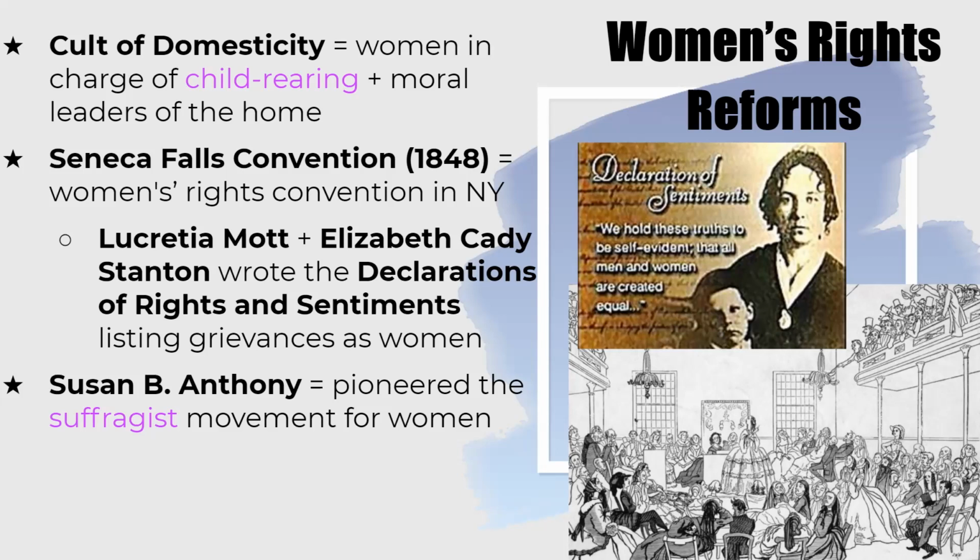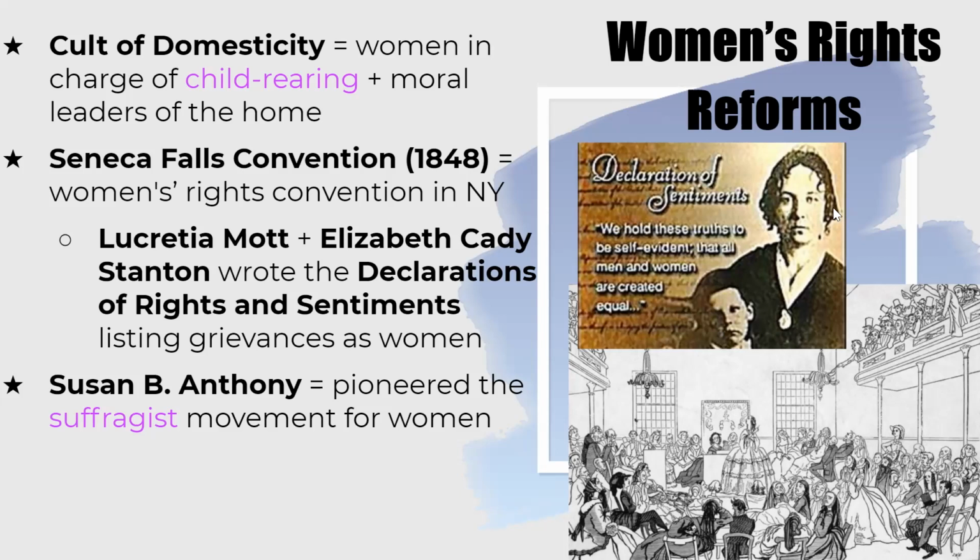And so there are a lot of famous women involved in the women's rights movement during this time. You have Lucretia Mott and Elizabeth Cady Stanton writing the Declaration of Rights and Sentiments at the Seneca Falls Convention in New York, a very famous women's rights event, where they write essentially the list of grievances that women have. They basically rewrote the entire Declaration of Independence, and anytime they had the word men in there, they wrote "and women" after it.